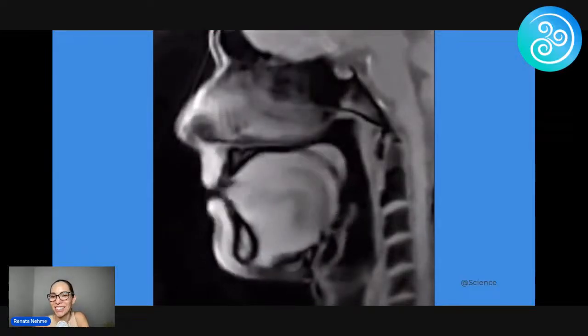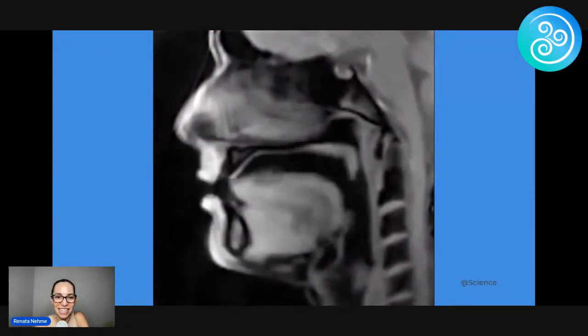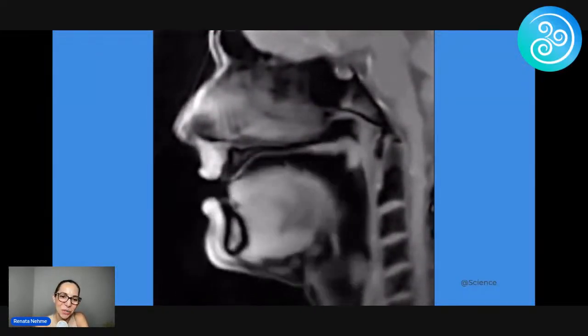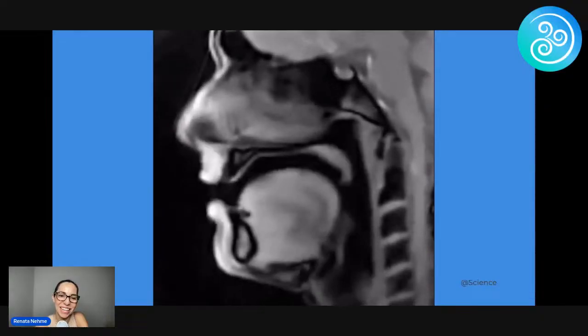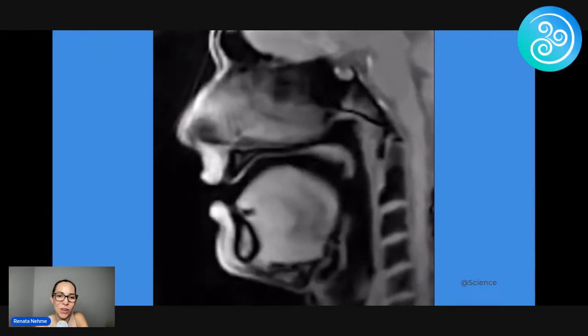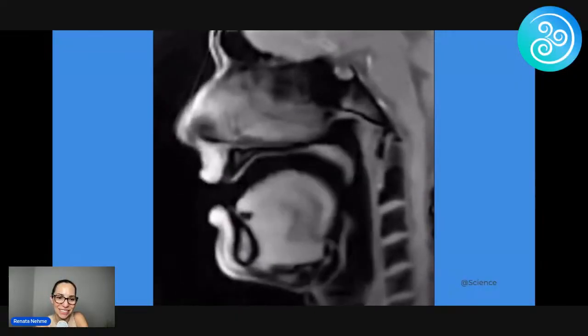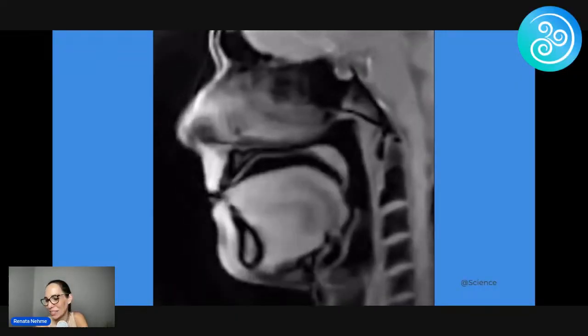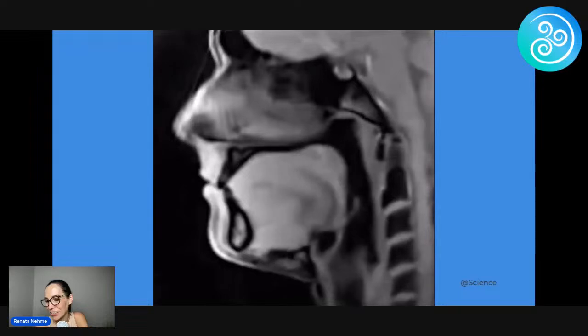Here we go. Let's talk about the tongue a little bit. Look at this organ that is inside our mouth where we work every single day.